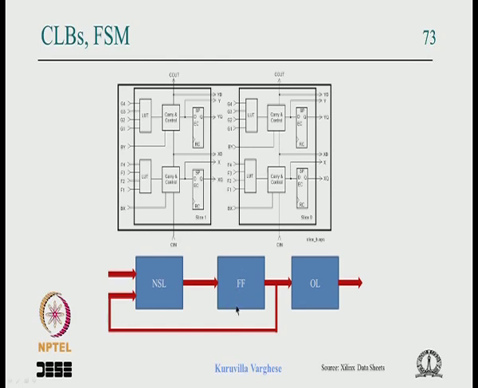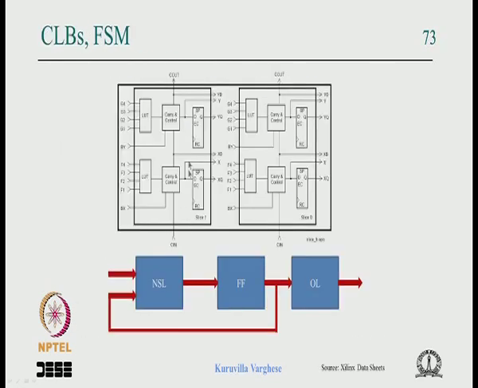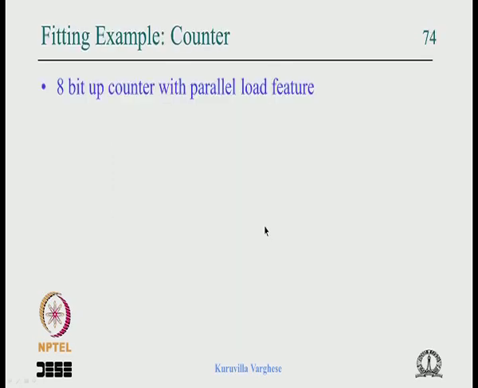If there are 4 flip flops here, then there is a Q3, Q2, Q1, Q0. So there will be D3, D2, D1, D0, and the next-state logic should give 4 outputs to connect to D3, D2, D1, D0, okay. So let us work out this requirement, and we know that the Virtex CLB has 4-input lookup tables and a flip flop, and 4 of them, okay.